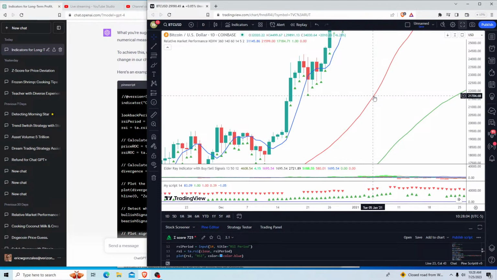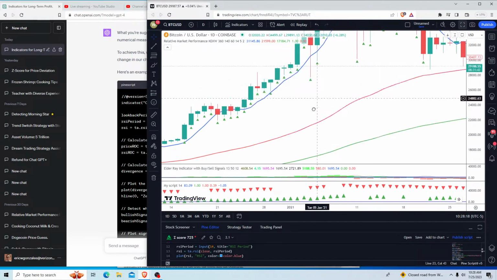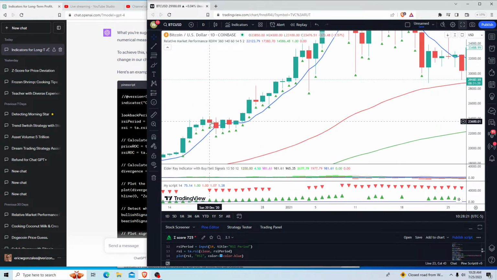So the way we're going to calculate that is we're going to do rise over run, which is, I think, a good way to do it would be like a time weighted average of the price, right?